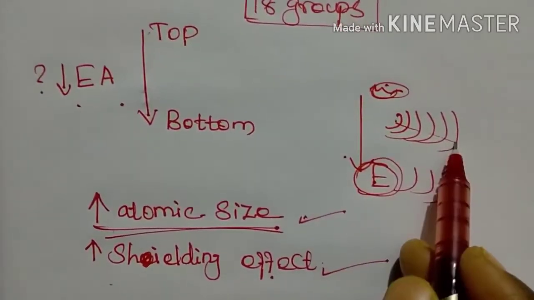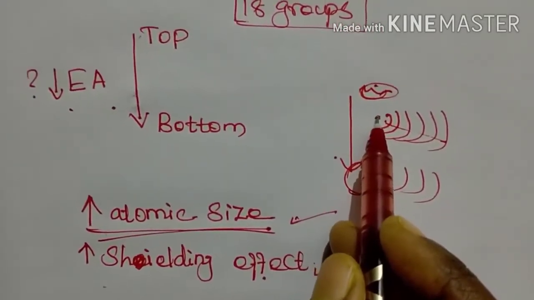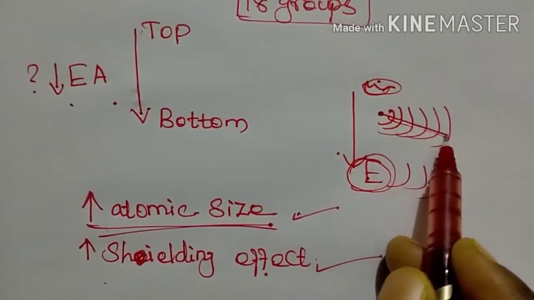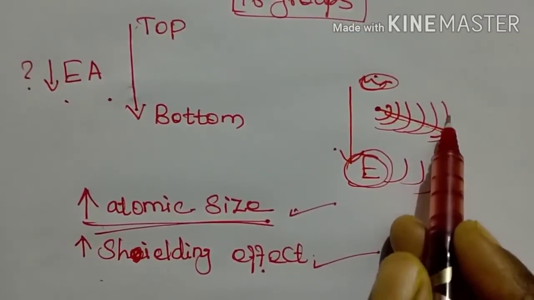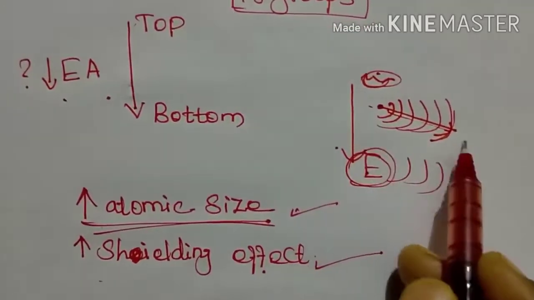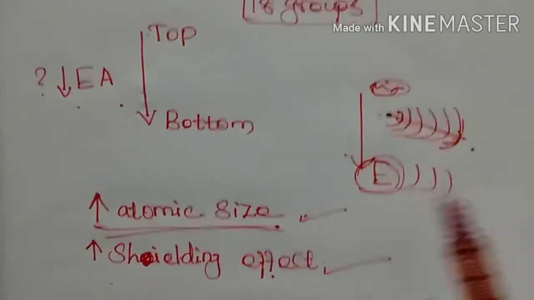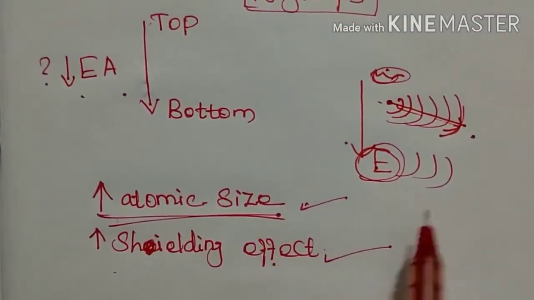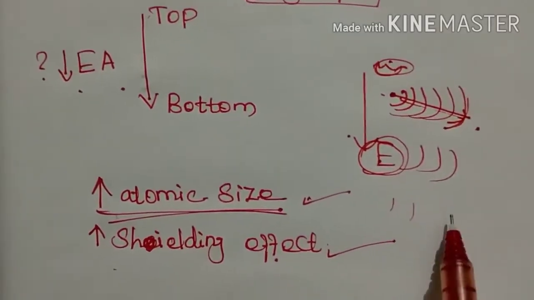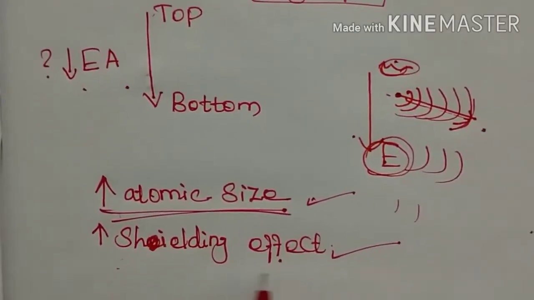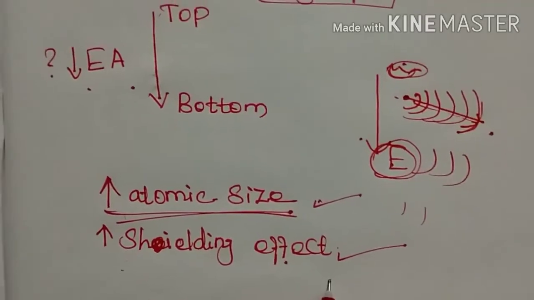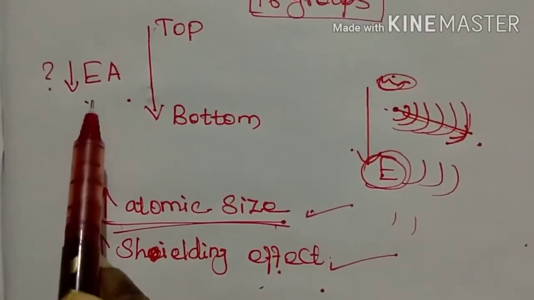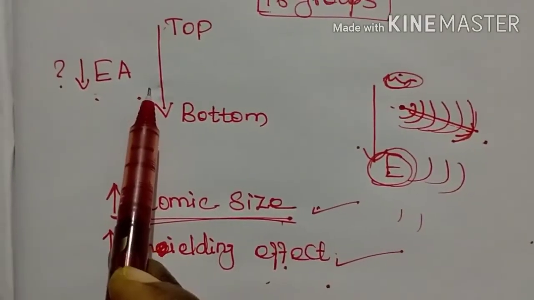Because of the increased distance from the nucleus to the valence electron or the valence shell, the size of the atom is increasing. So when you move from top to bottom, atomic size is increasing because the number of orbitals is increased, and the shielding effect is also increasing. Due to these two reasons, electron affinity is decreasing.